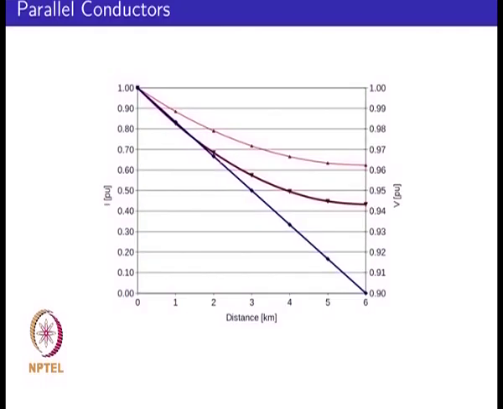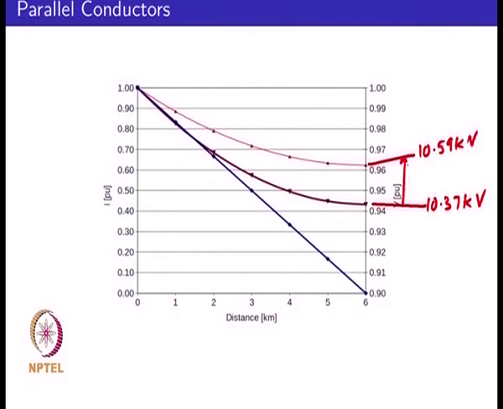you can see that the original voltage went down to say 0.94, that was around 10.3437 kV. Now, with the parallel conductors, you have 10.59 kV.